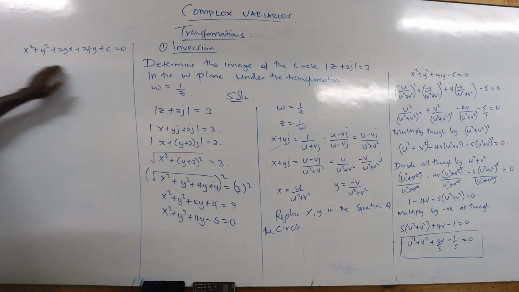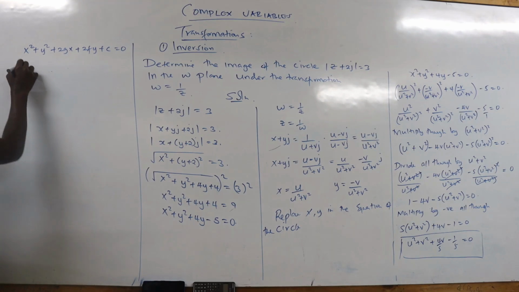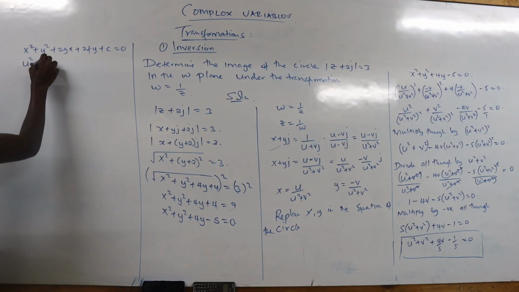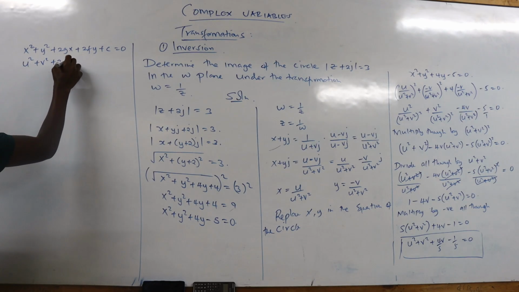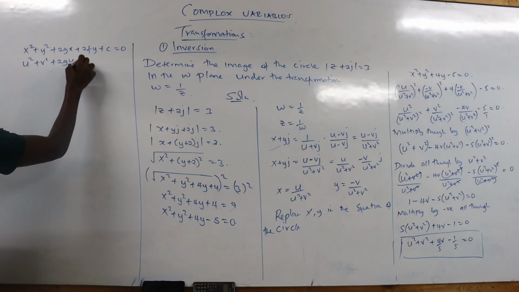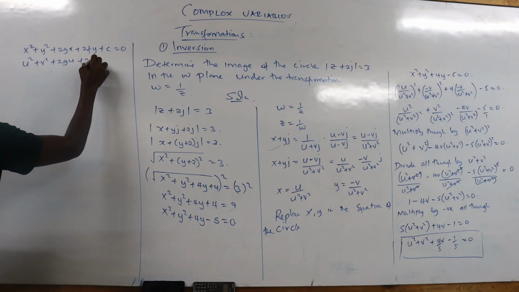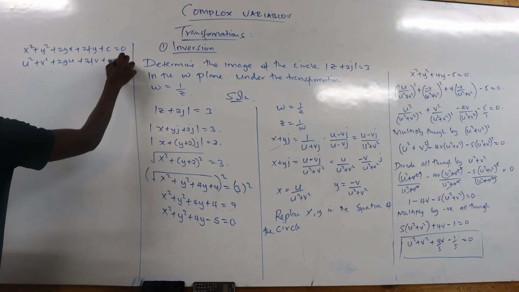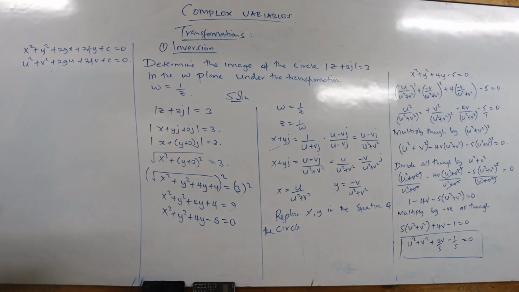So we can just change this part and we have u squared plus v squared plus 2gu plus 2fv plus c equals to 0. Right, together. So this is just another way of writing the equation of the circle, but now in regards to the image.